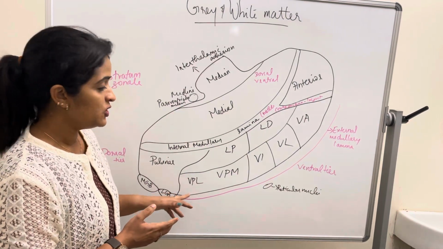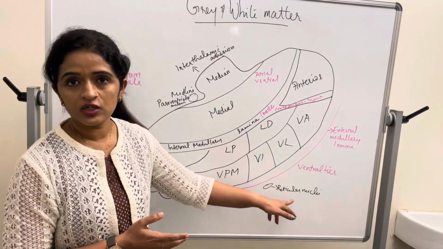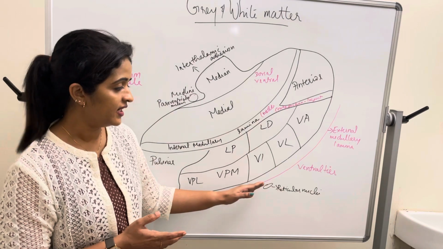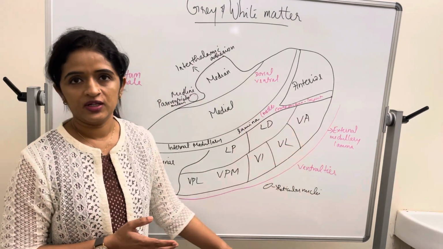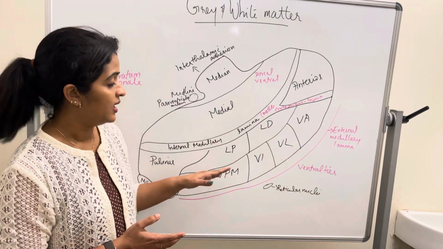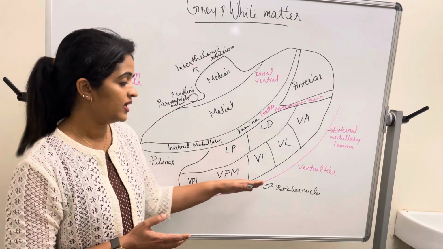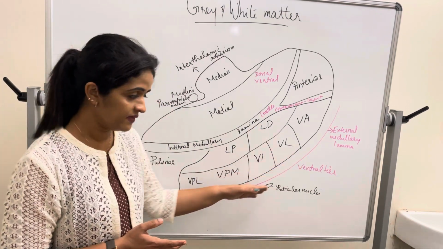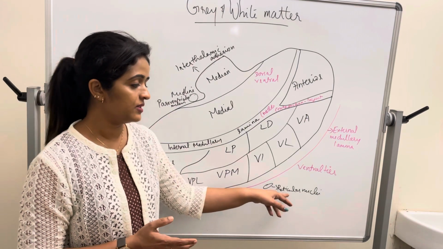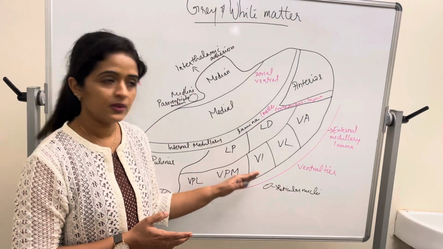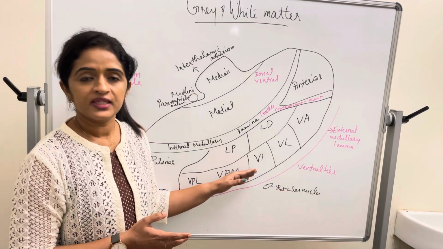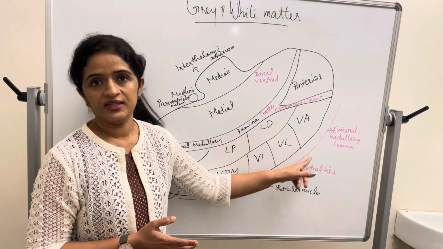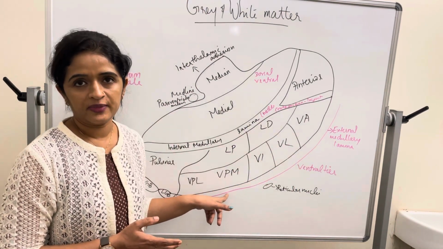Now coming to the last group, that is the reticular nuclei. Reticular nuclei you get outside the external medullary lamina. On the lateral aspect of the thalamus, you can get a curved group of nuclei, the reticular nuclei, but it is separated from the lateral surface of thalamus by the white matter known as the external medullary lamina.